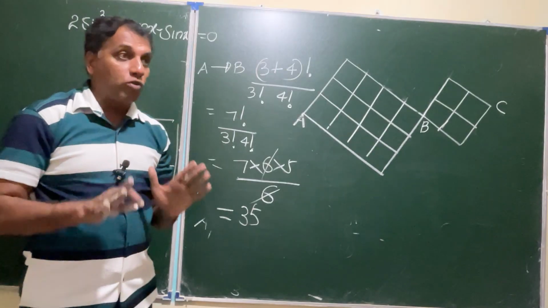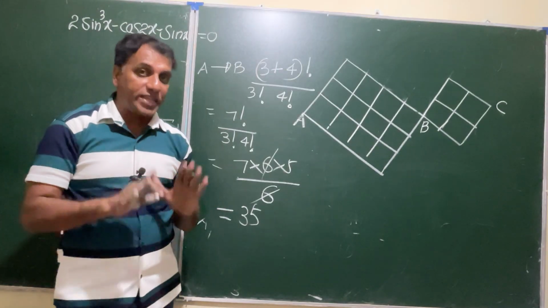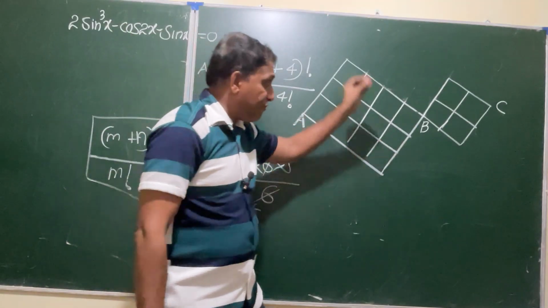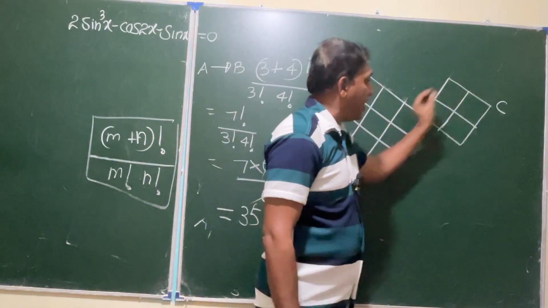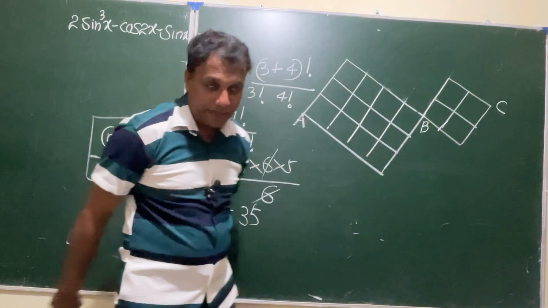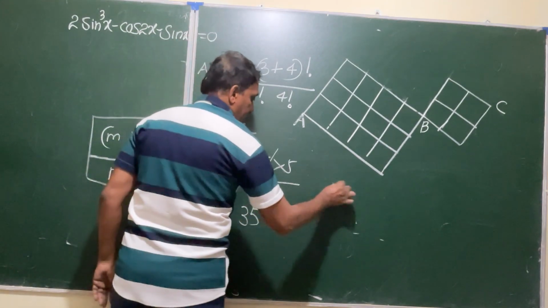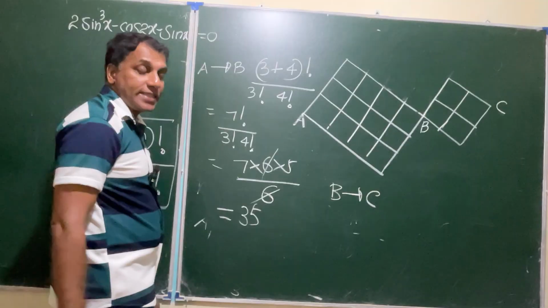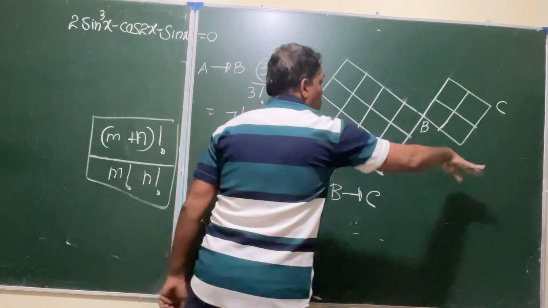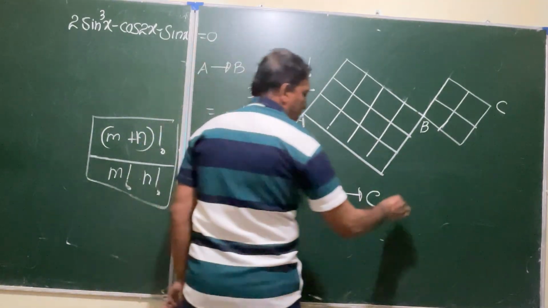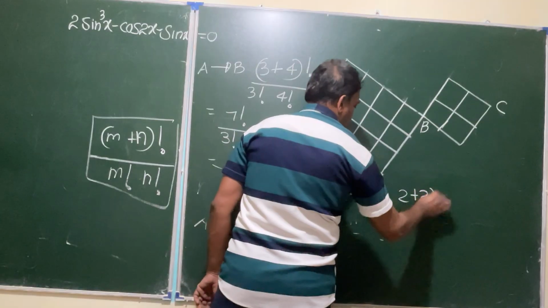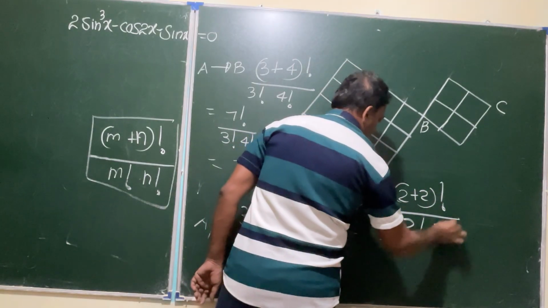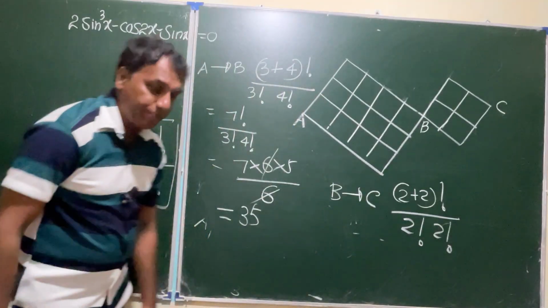Please note that this is without any obstacles or any condition or restriction. 35 chances. For every one of those 35 chances, there is another way, 1 way, 2 ways, 3 ways, we have to find that. Now see from B to C. B to C, the ways, the paths. It consists of 2 rows and 2 columns. They are simple. (2 plus 2) factorial over 2 factorial 2 factorial, right?